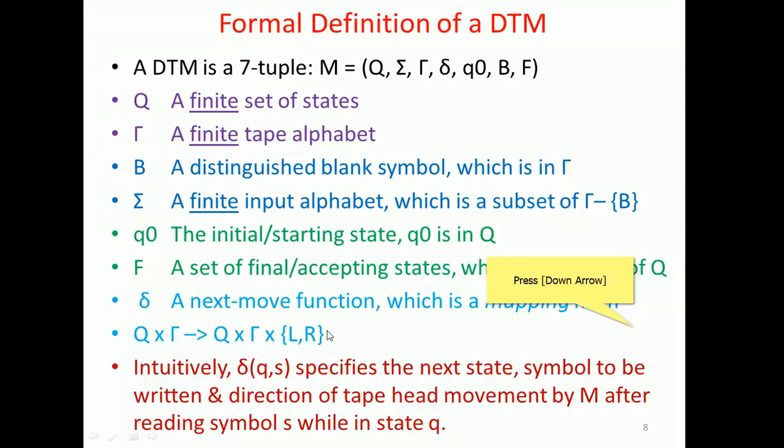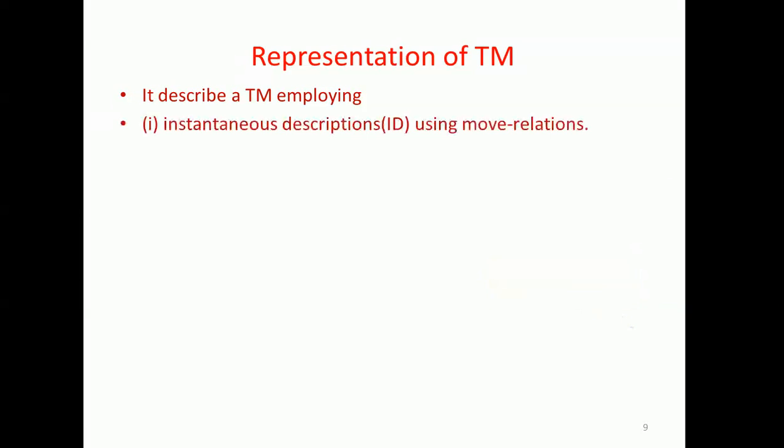So these are all used to construct the deterministic Turing machine model. We can represent this model by employing certain mechanisms.